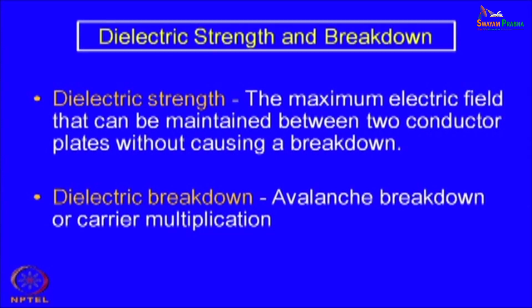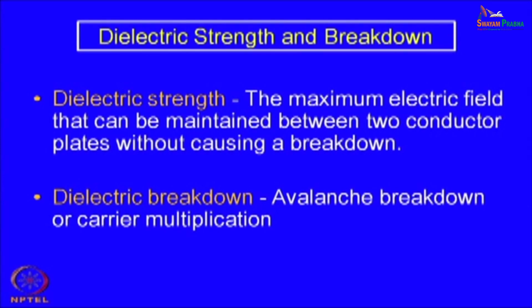So, there is a heavy short circuit, and there can be an explosion, because suddenly a very high current will flow through the material because you have applied a very high voltage, and therefore, there can be an explosion and a big spark and so on. So, that is what we call a dielectric breakdown.